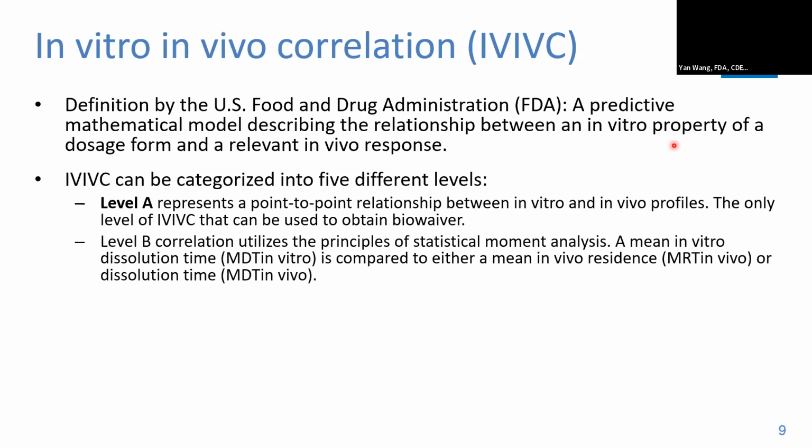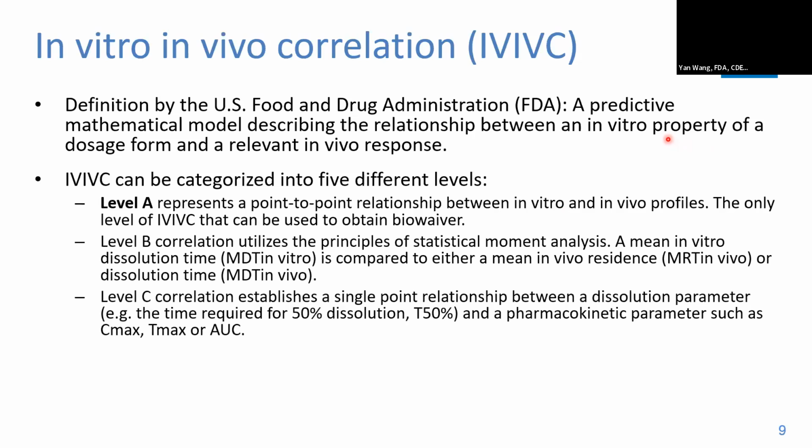Then level B is a statistical moment analysis. It's the mean in vitro dissolution time compared with either the mean in vivo residence time or dissolution time. This may be useful to support an in vitro IVRT specification.